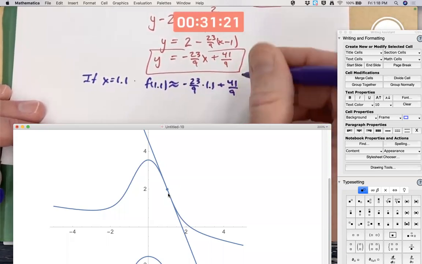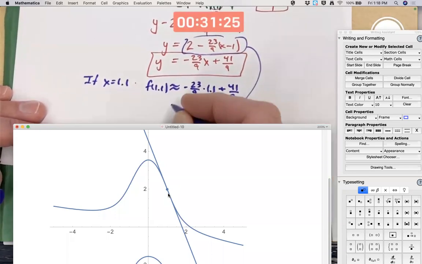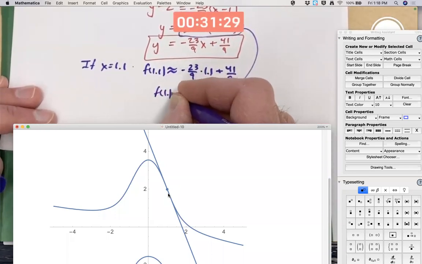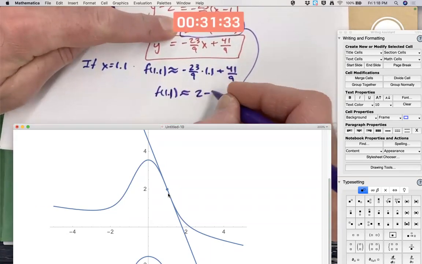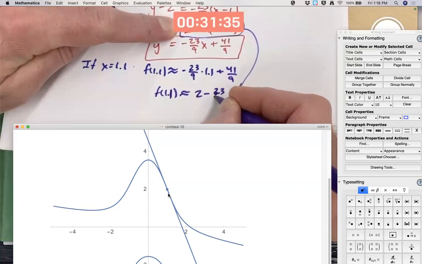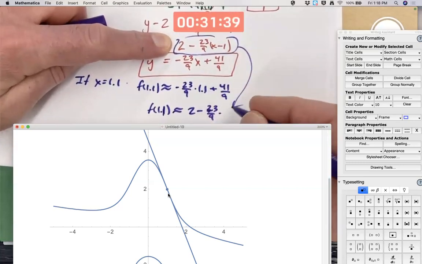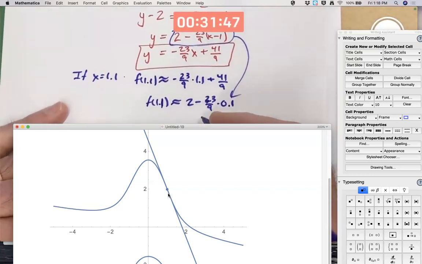Actually, it's even better to plug it into this one. f of 1.1 is approximately 2 minus 23/9 times 1.1 minus 1, which is 0.1. 23/9 is 2 and 5/9.